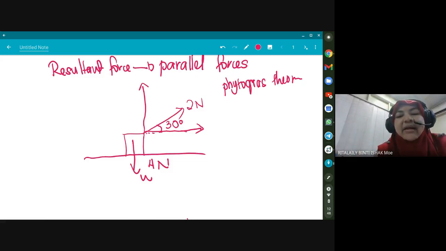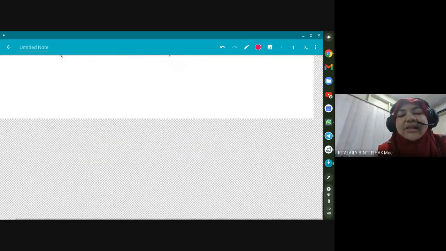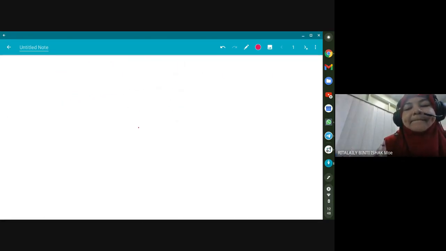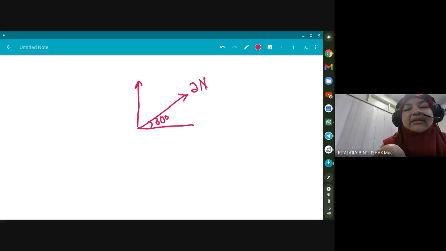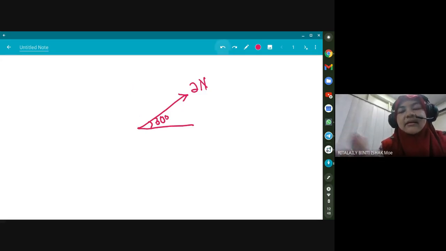So ni sebab diagram saya tak tepat, I draw satu lagi. Tadi berapa? 2 Newton. And the angle is 30. Okay, and then kita boleh pecah dia kepada 2. And this force ini boleh pindah kat sini. Okay, force yang ini can move here.